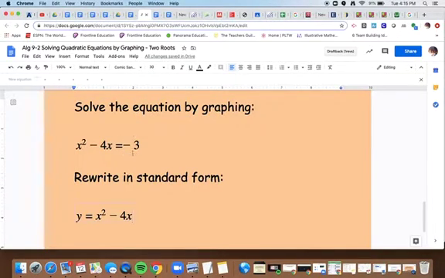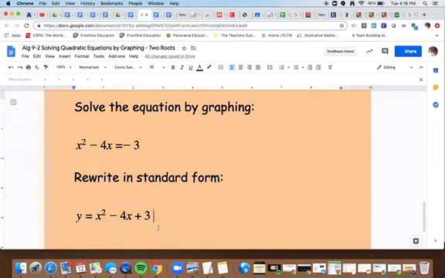If I'm going to move that onto the same side as these terms, I have to add 3 to both sides, so that's plus 3. That makes this side equal to 0, and that's where you put in your y. You're rewriting it so all this stuff is on one side, make it equal to 0, and then where you have the 0, you substitute in your y, making your equation into a function.